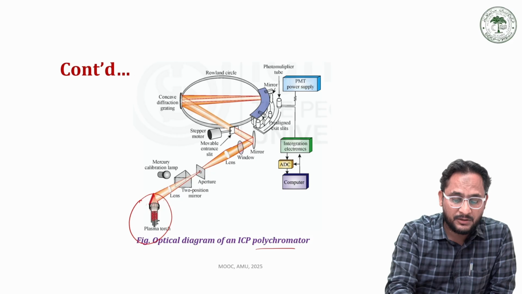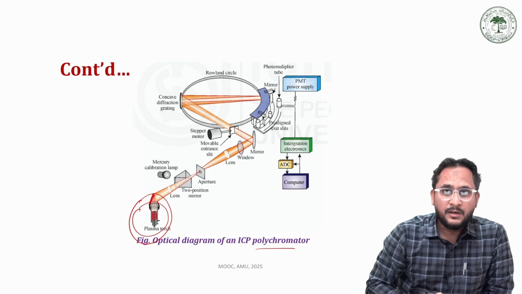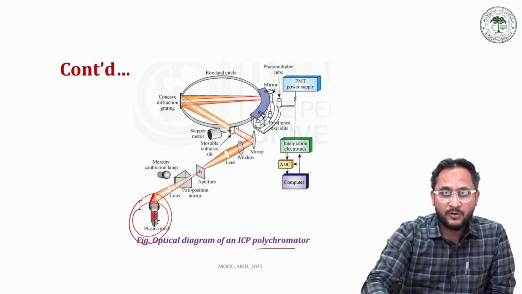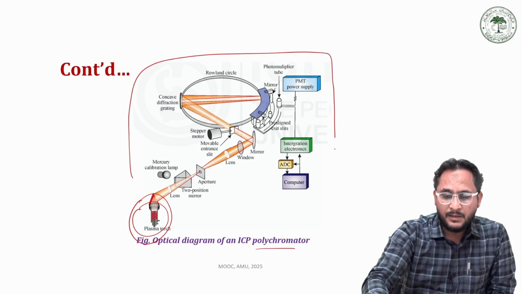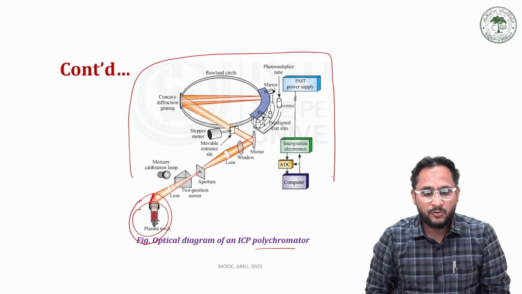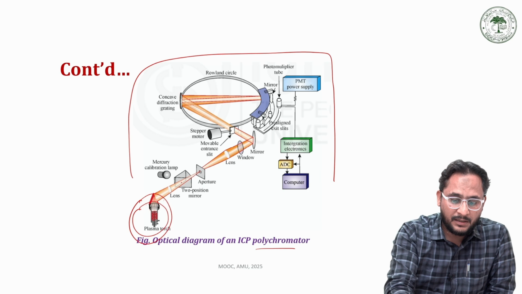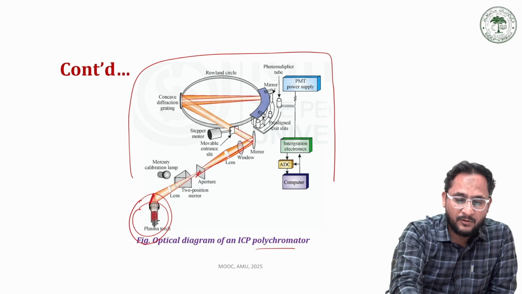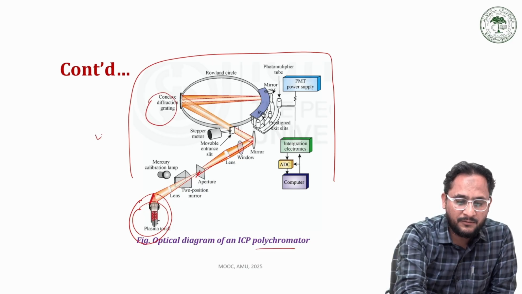This is the plasma torch, shown in very small size just to give more space for components like the polychromator. Then the light radiation passes through an aperture, and we have a mirror that reflects it. Then we have a concave diffraction grating, or sometimes an echelle grating.